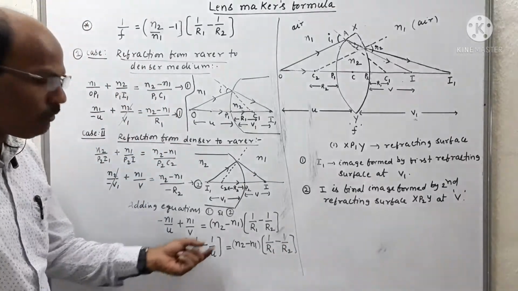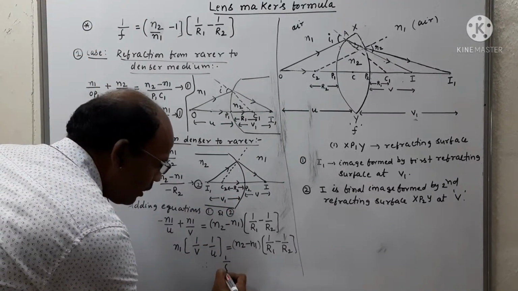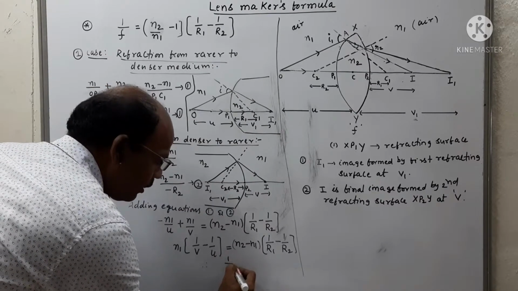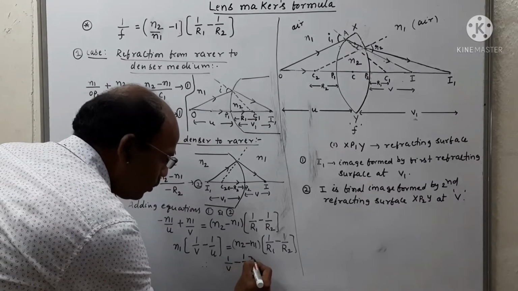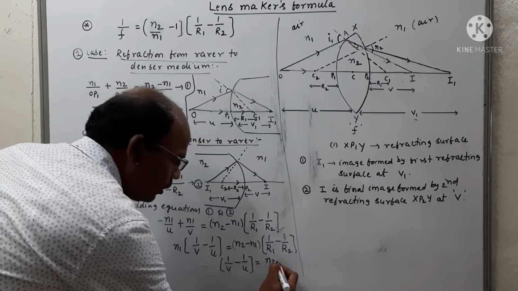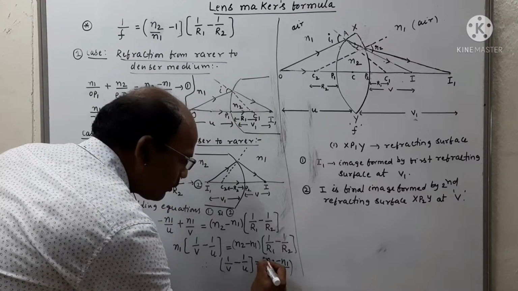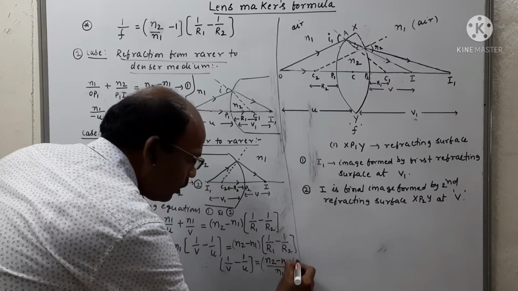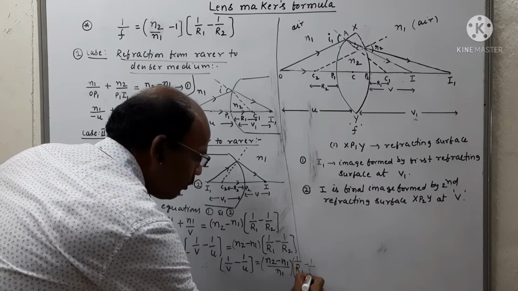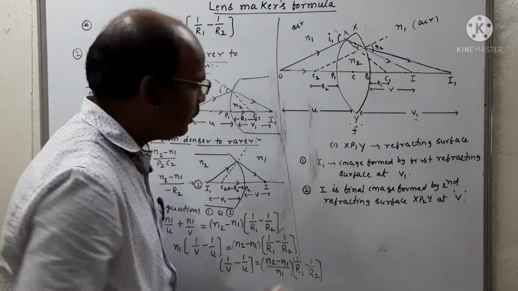Dividing by N1 on both sides, finally 1 by V minus 1 by U is equal to N2 minus N1 by N1 into 1 by R1 minus 1 by R2.